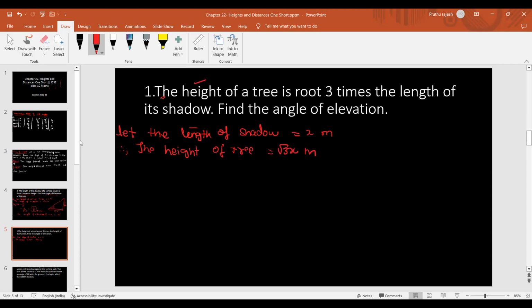We know the height of the tree, and they've given it as root 3 times the length.